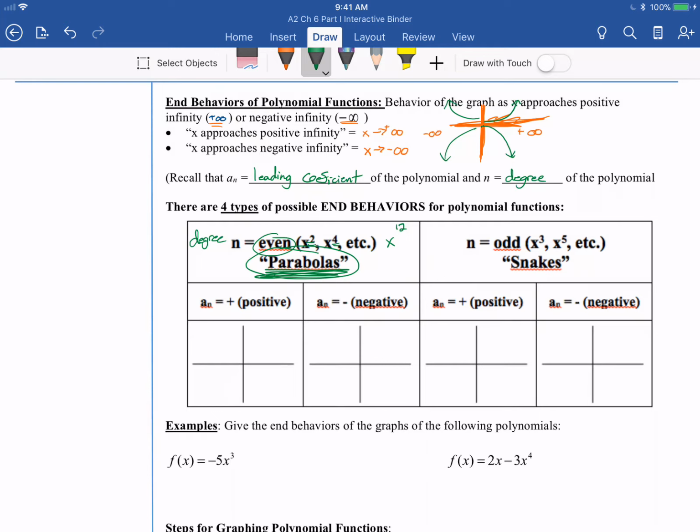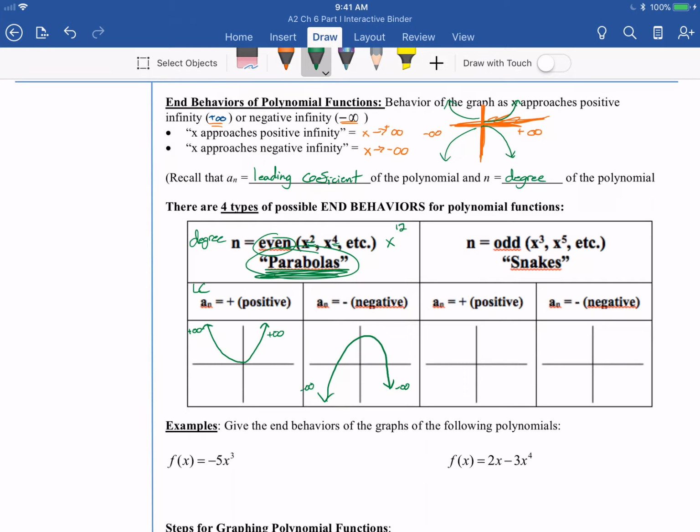If your leading coefficient is positive, that parabola is going to open up. Notice that both sides go to positive infinity. If it's negative, you guessed it, both go down towards negative infinity. It is the parabola that opens down.